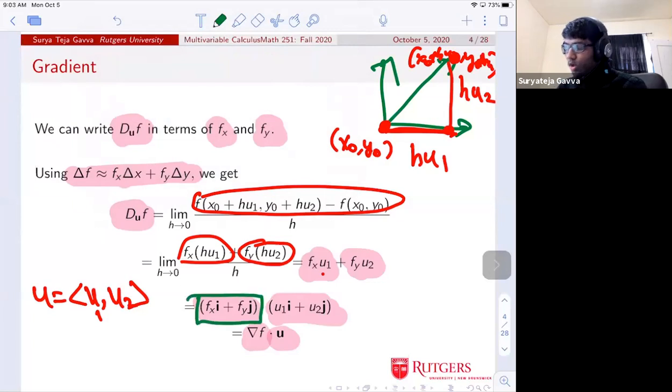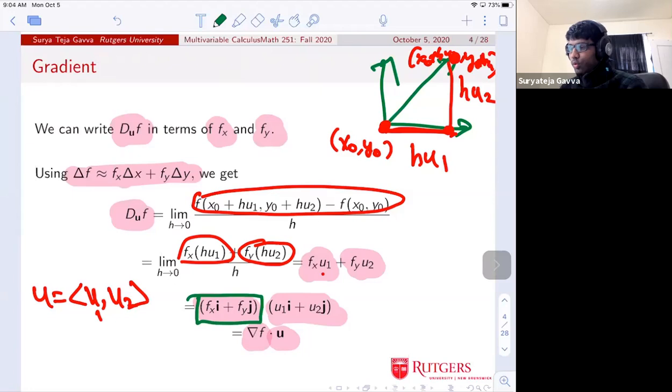It's really one of the most important, probably the most important quantity in the course and in mathematics in general. The vector which you form by taking the derivatives as the components is called the gradient of f.